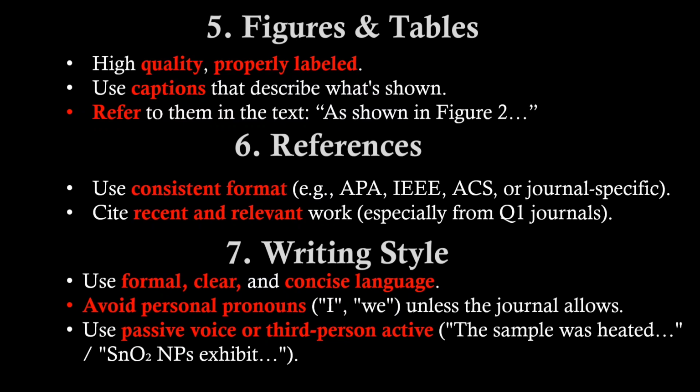And the next very important point is that, of course, we use figures and tables, as I said, in the results. But I just want to reiterate some highlights: the figure must have high quality and be properly labeled, and when we use a table, for example in a literature review, the key finding must be supported with a proper reference in that table.